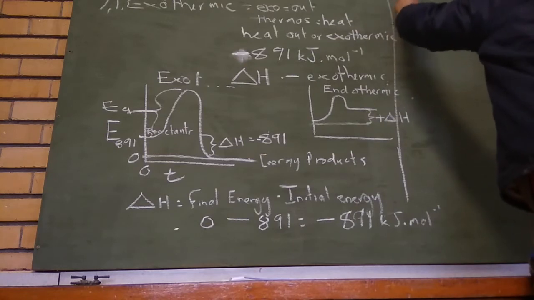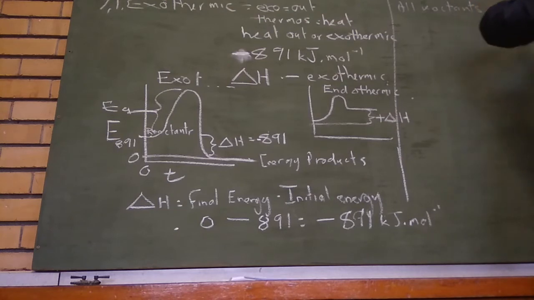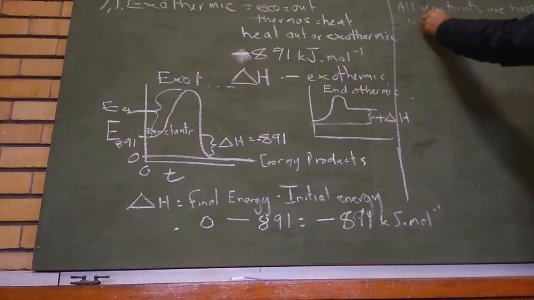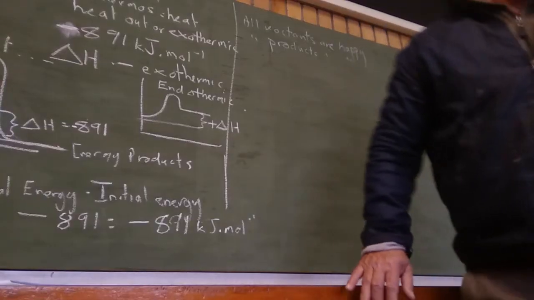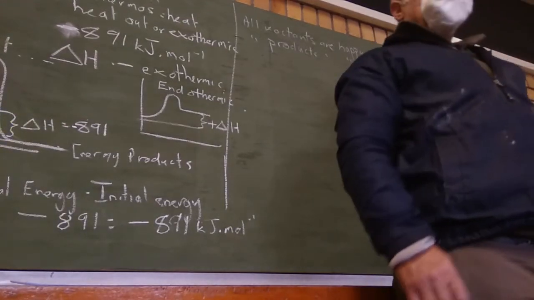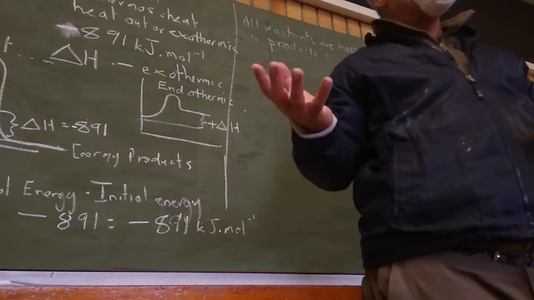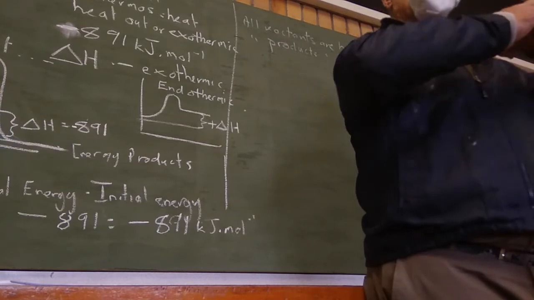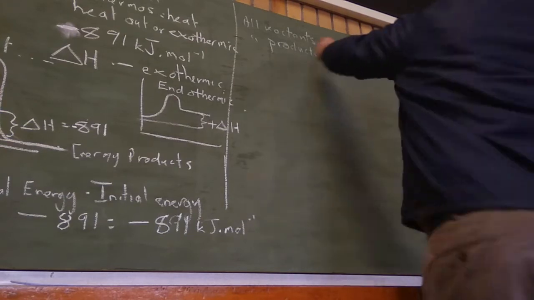All products are happy. But how do we shake them out of their happy state to get them to a more happy state? We need some sort of energy to shake them apart or bring them together. So they don't want to do anything, they're happy.